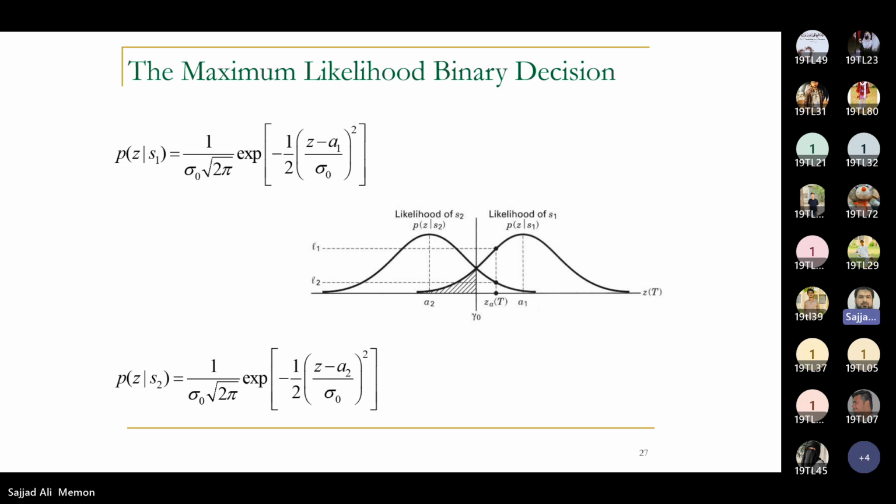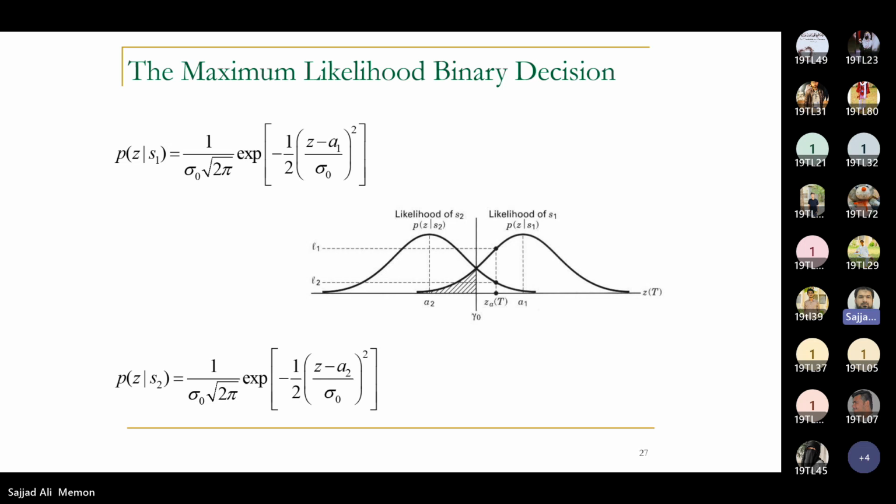So its amplitude is lower than on level 1, that is on the P of Z given S1. So this particular Z of AT may belong to P of Z given S1, because its likelihood of having S1 is greater than the likelihood of having S2.